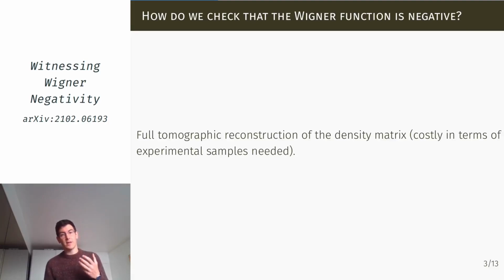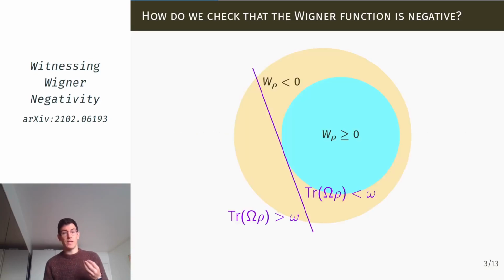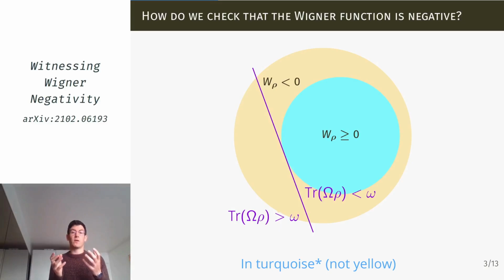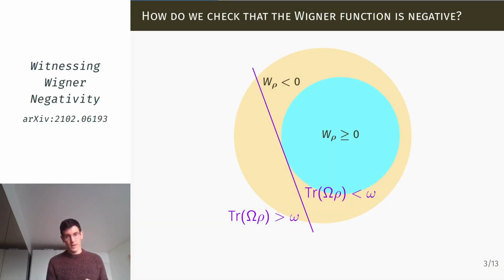So another idea is to go with witnesses. Basically, you have in yellow your convex set of Wigner positive, or non-negative, states. And what you want is an observable omega together with a threshold value little omega, such that it gives a witness of Wigner negativity.